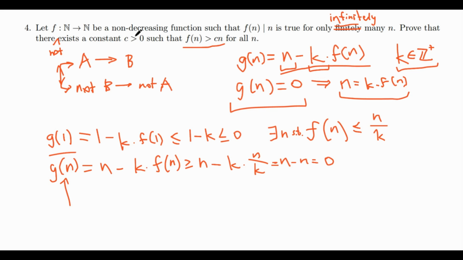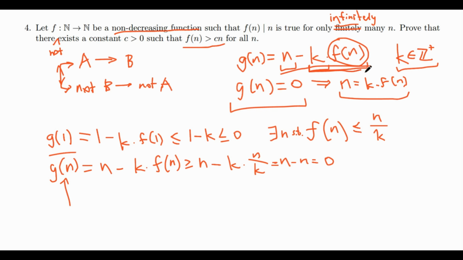In addition, since f of n is a non-decreasing function, this part always subtracts from g of n. It never adds to it, because each time we increase n by 1, this f of n stays constant or increases also.